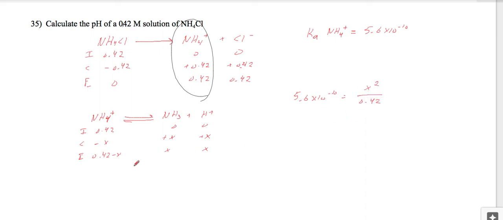We can use the approximation on this one again, so I'm going to go ahead and do that. We end up with an x value of 1.5 times 10 to the minus fifth. It means our pH is going to be 4.81. There's the answer there.